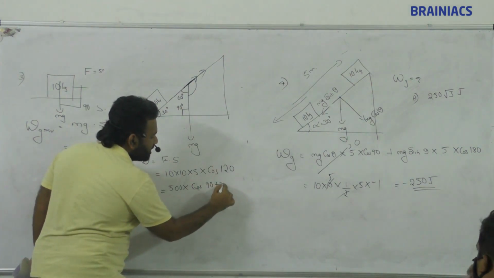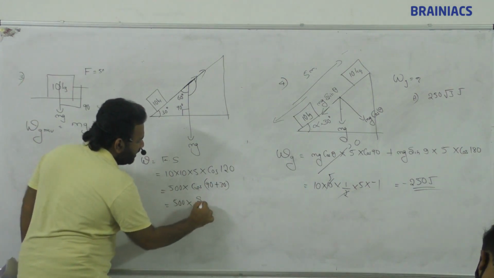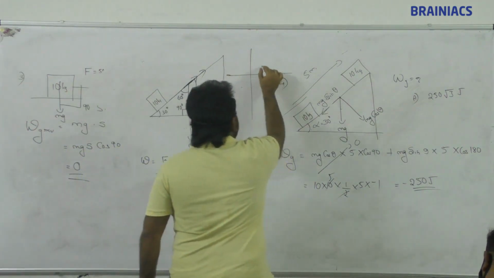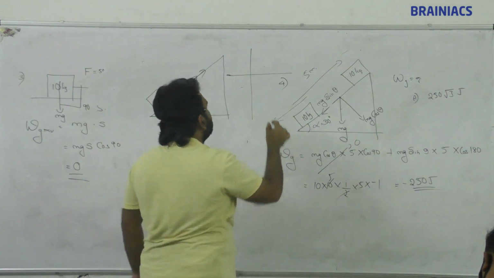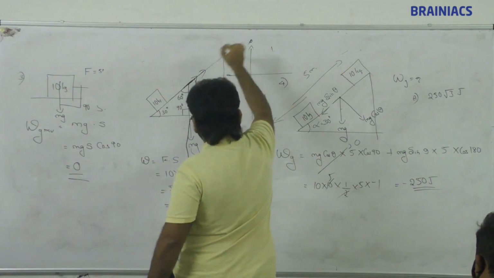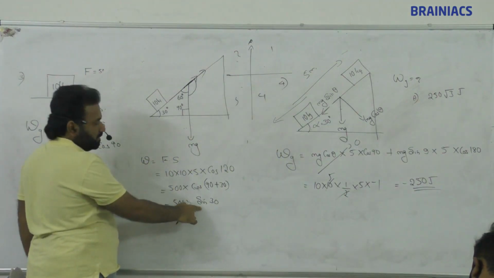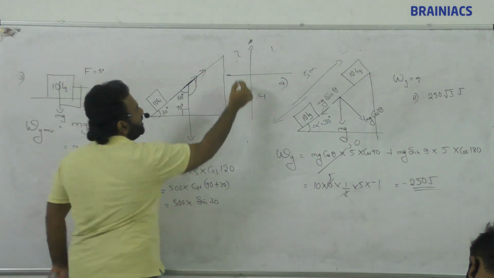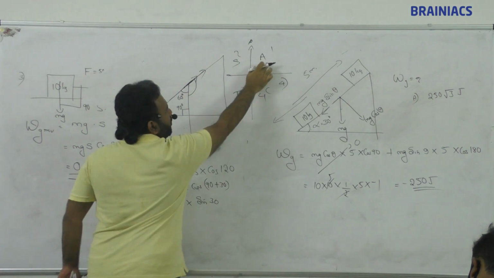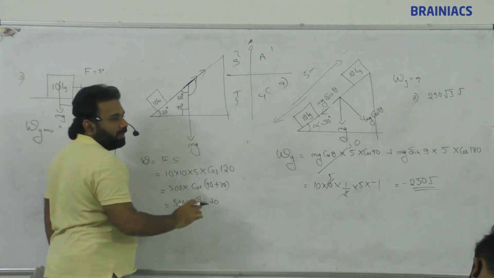Understood how this cos of 90 plus 30 is going to be minus sin 30? For children who do not know: first, second, third, fourth quadrant, 90 degree comes here, so 90 plus 30 means here. Cos of 90 plus 30: all silver tea cups, so only here the sign will be positive for cos. Since this is in this quadrant, definitely this is going to be negative.